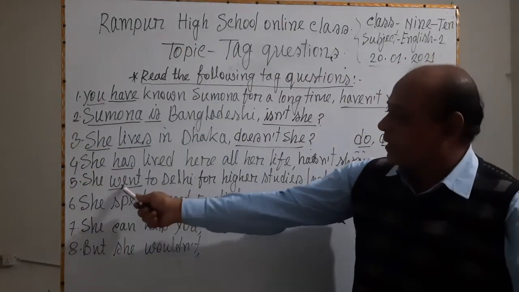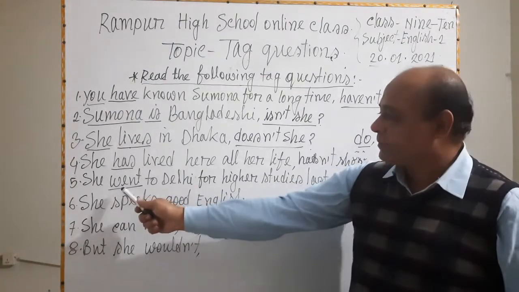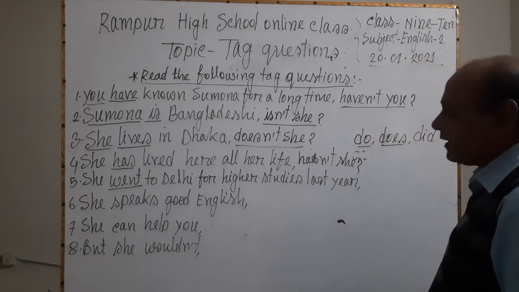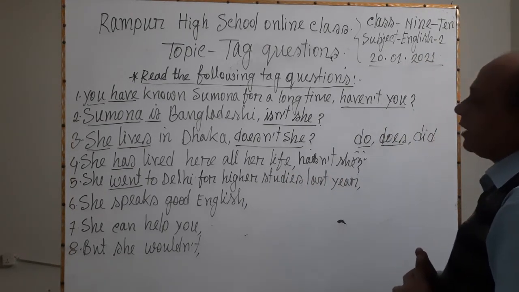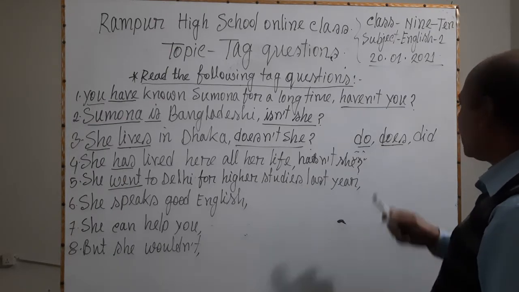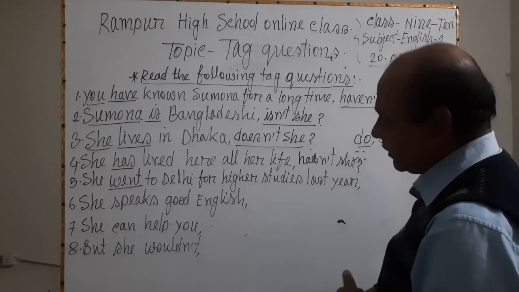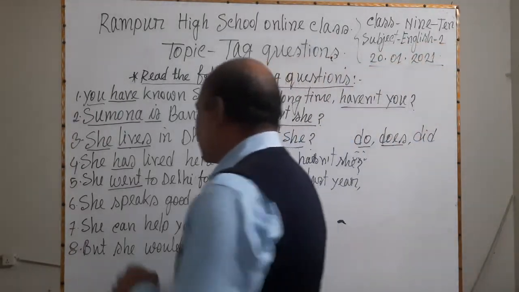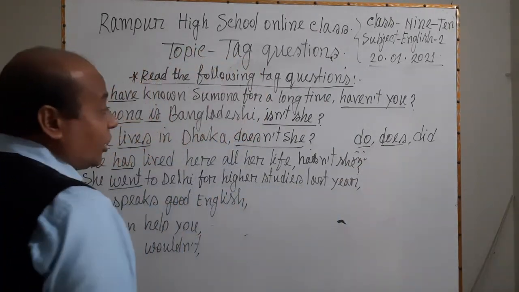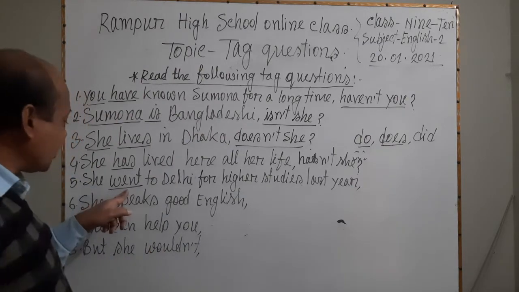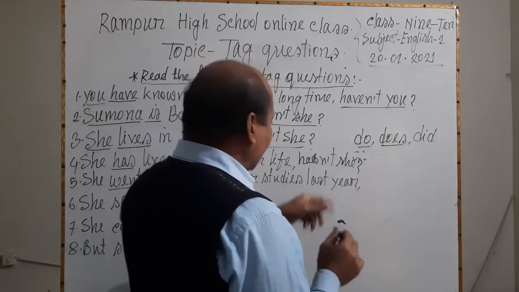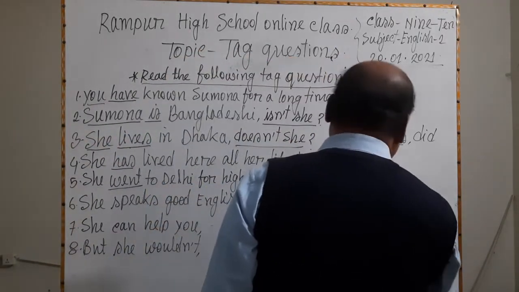There is a principal verb here. Dear learners, I told you that if there is no auxiliary verb in the statement, the auxiliary verb in the tag question will be do, does or did. If the verb is present form, the verb will be do or does, and if the principal verb is in the first form, the auxiliary verb in the tag question will be did.